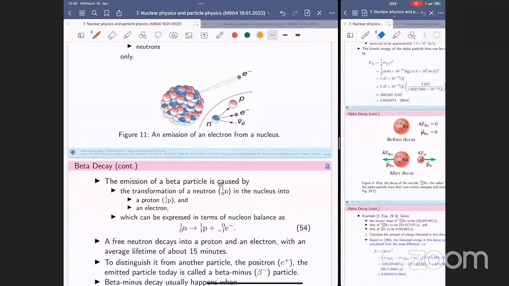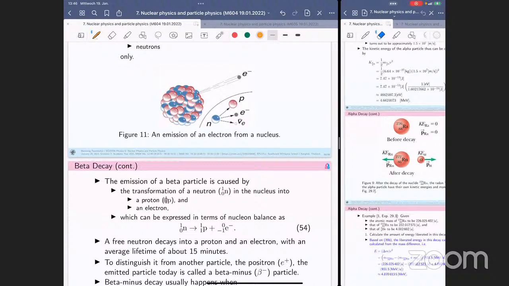And the superscript on the left side denotes the number of nucleons, right? Of course, the neutron is one of the nucleons, so that's why we have the number 1 here as a superscript.